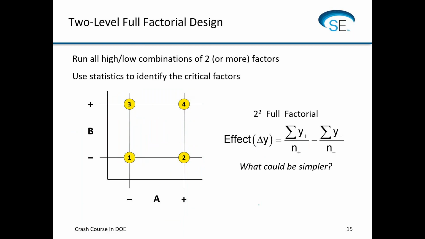Okay. Now how do we do an interaction? Well, an interaction, and I'll show you on the next slide how the math works out, would be when we compare the diagonals. Let's take the average of those two, and we'll subtract the average of these two.